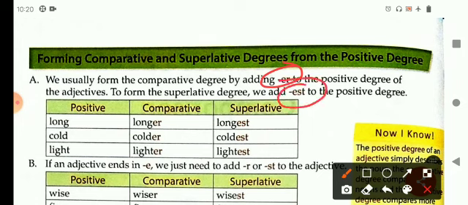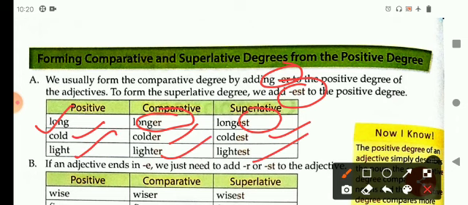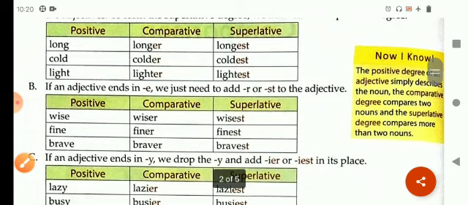Let's see an example. Long, it's a positive degree. Er added to long to make the comparative degree, and est added to make the superlative degree. And in the similar way, cold, colder, coldest, light, lighter, lightest, by adding er and est.